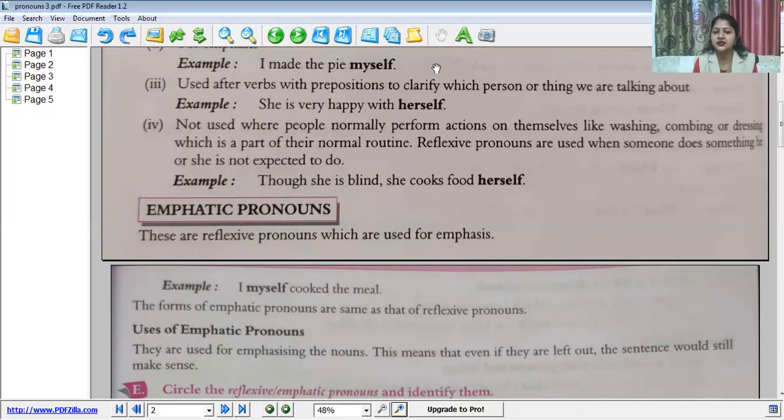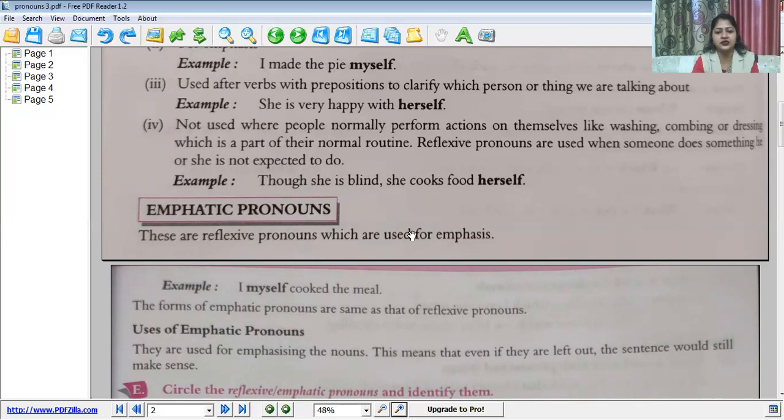Along with the subject, the emphatic pronoun is present, but it is not a compulsion again, children. Emphatic pronouns are used for emphasizing the nouns, the subject there. This means that even if they are left out, the sentence will still make sense. I just told you that the sentence would stand by itself.